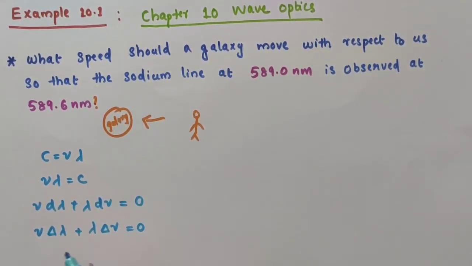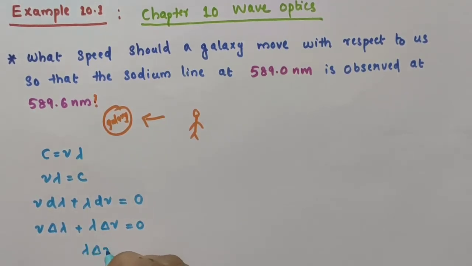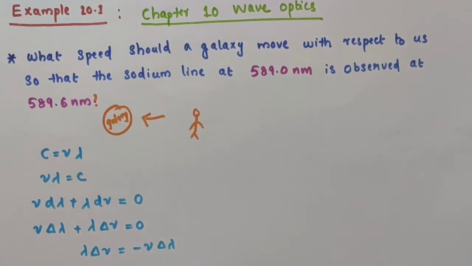Delta lambda and delta nu represent small changes in wavelength and frequency. Now from this expression, if I take nu delta lambda to the other side, it becomes minus. So we can write lambda into delta nu equal to minus nu delta lambda.